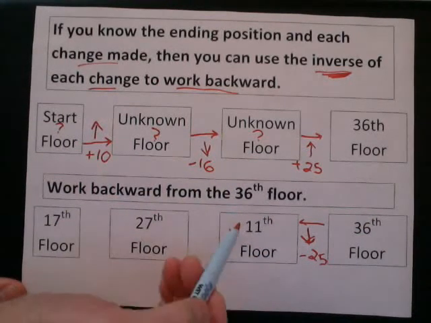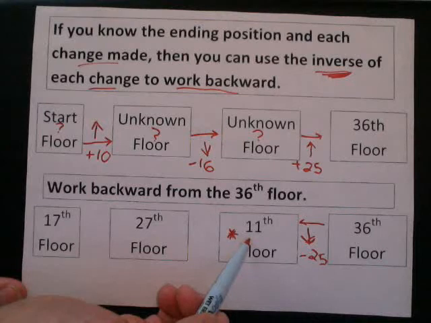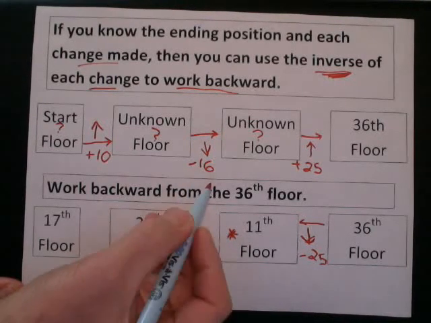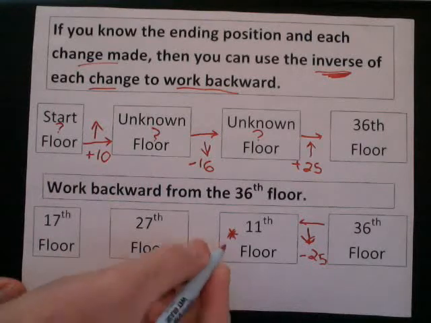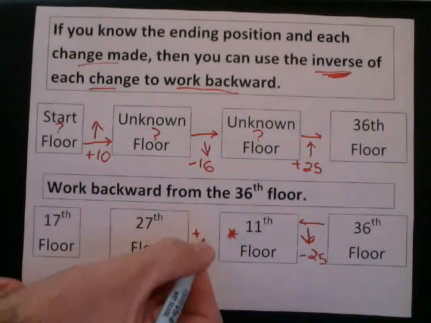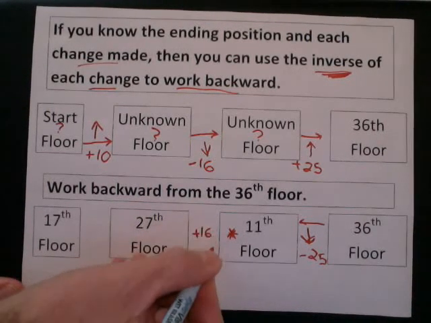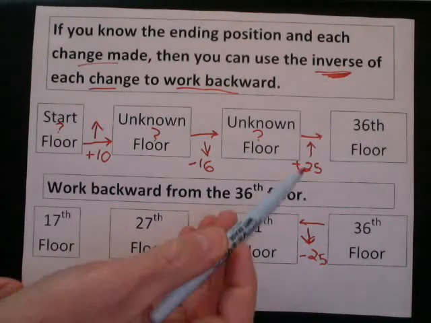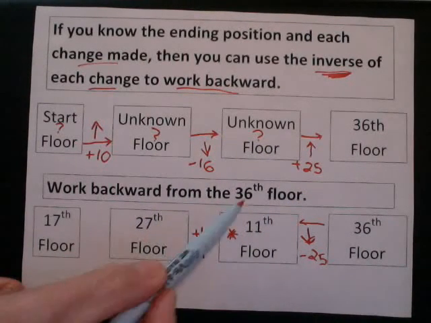Okay? Now, in order to get to the 11th floor, they actually came down to it. But we're going to use the inverse. So instead of going down to get to the next floor, we're going to go up. So we're going to use a positive 16. So we're reversing, and instead of going down, we're going to go up.